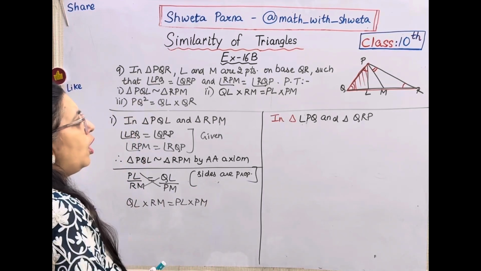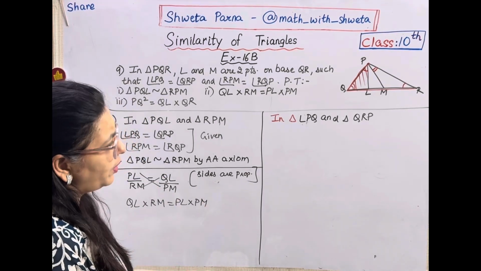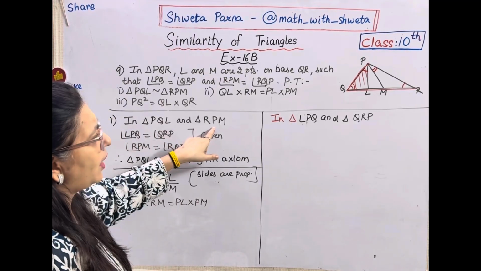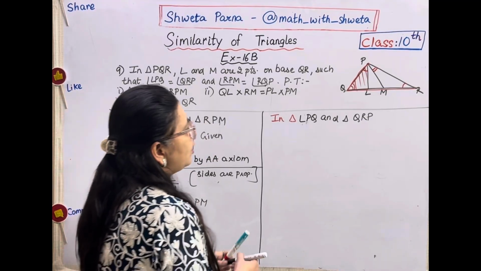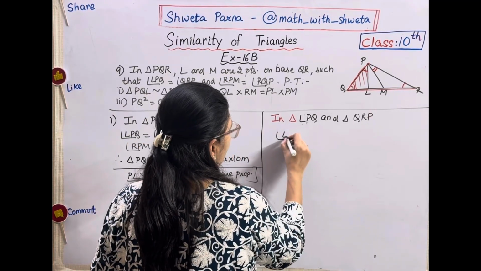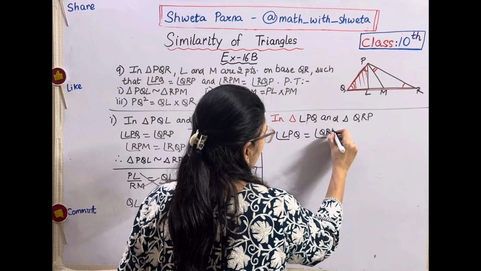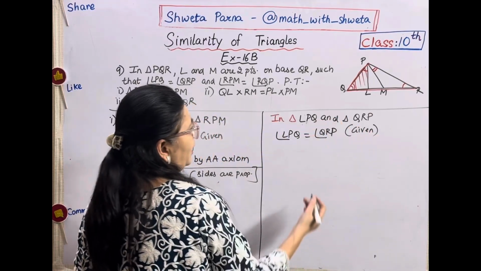Okay. Now, how will you prove this? What is given? Similarity is already proved. These two triangles are similar, right? PQL and RPM. RPM is proved. So let's prove this one. So here, this is already given. LPQ is equal to QRP. It is given in the question. Correct? Then, what else?